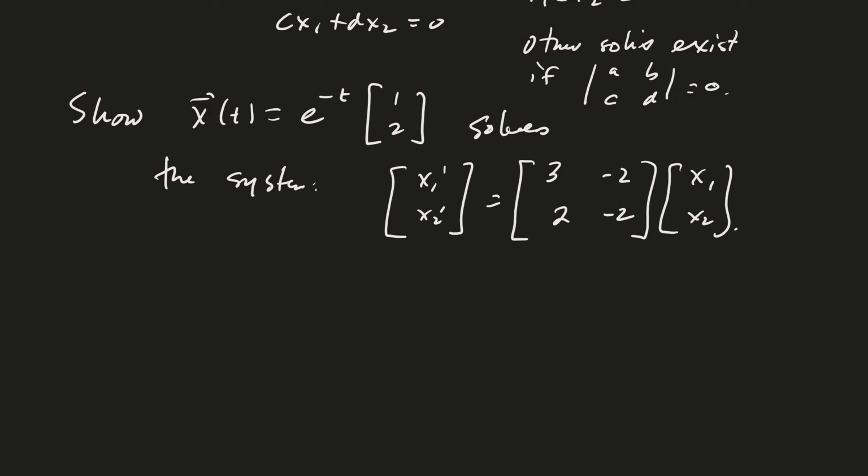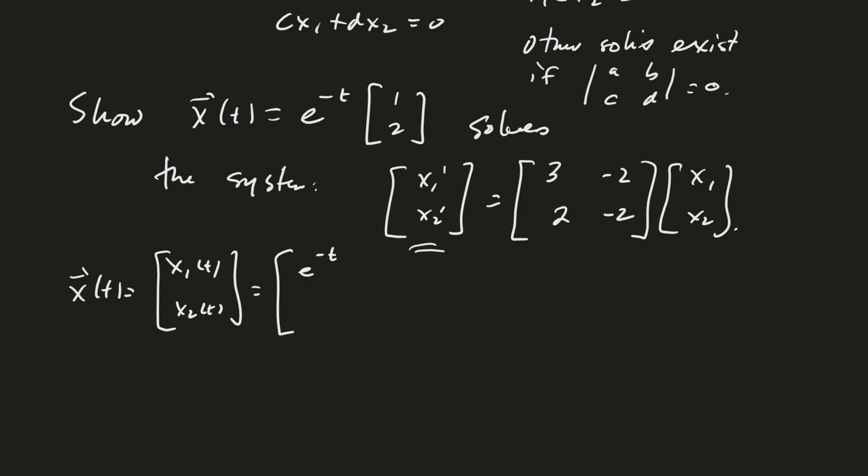Good. So how are we going to do that? Well, first off, we need to differentiate. By the way, I've written this here, but x of t could be written as x1 of t, x2 of t, right? And so in this case, you could write it as e to the minus t and 2e to the minus t.